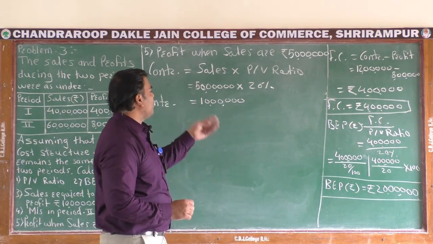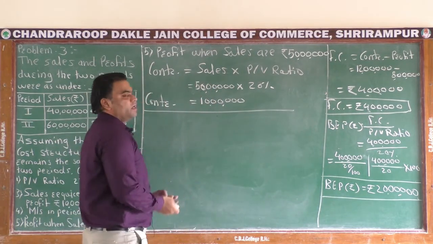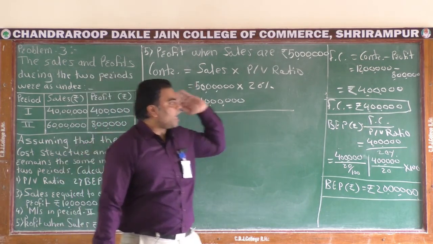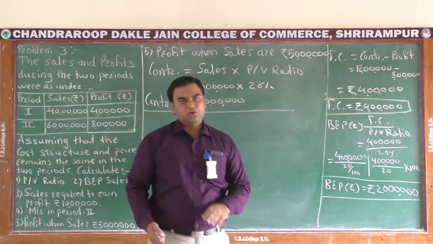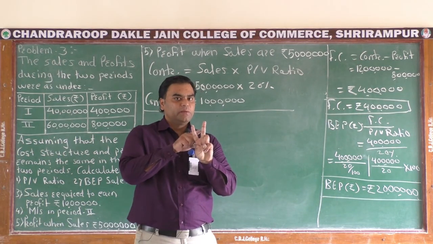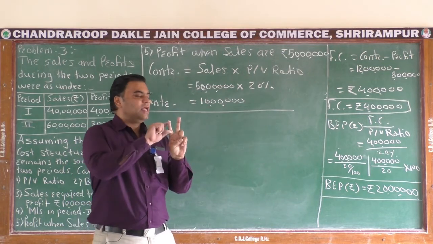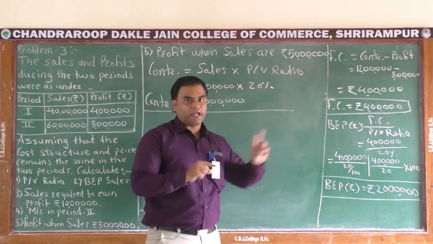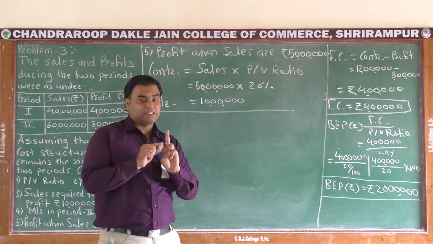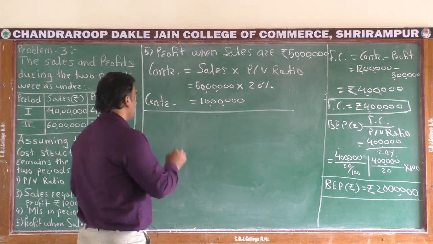Now what will be the amount of fixed cost? We have the amount of contribution and we have the amount of fixed cost. As we know, the contribution includes two contents, fixed cost and profit. So we have amount of contribution which is 10 lakh less fixed cost which is 4 lakh. 10 lakh contribution less fixed cost 4 lakh is equal to remaining 6 lakh, the amount of profit.